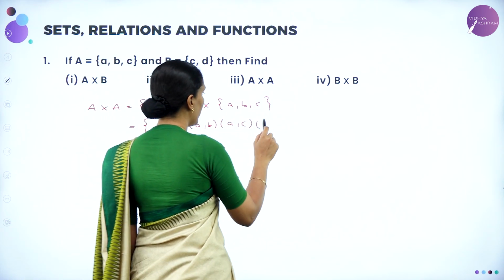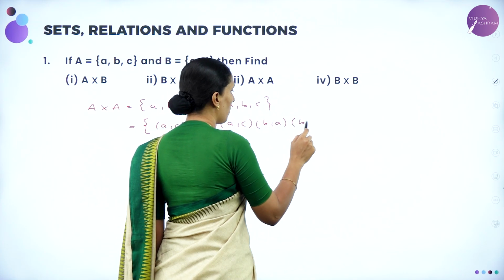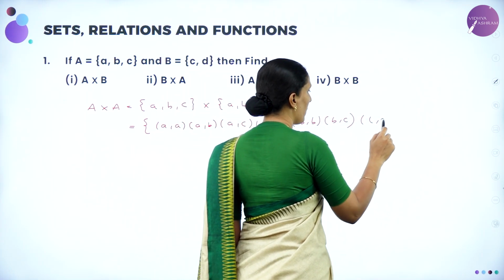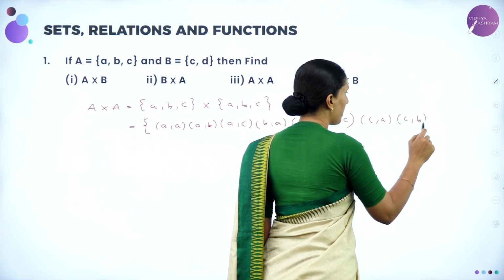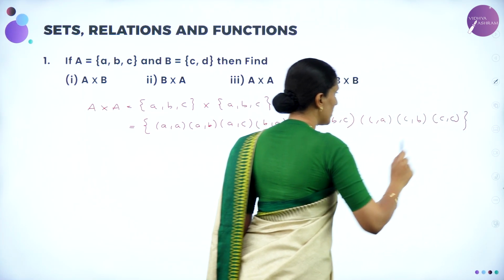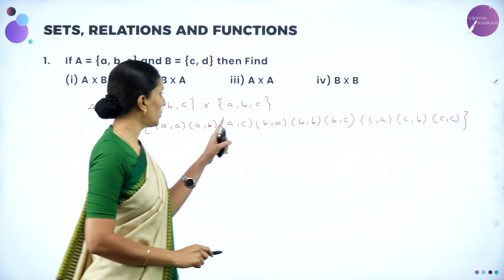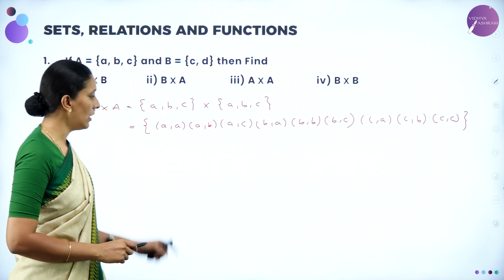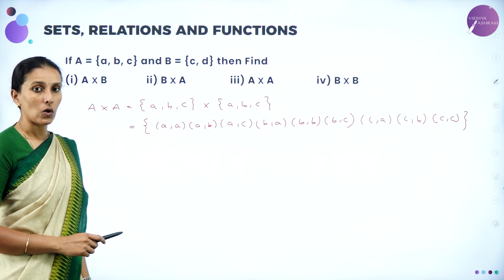Next pair with b: (b, a), (b, b), (b, c). Next pair with c: (c, a), (c, b), (c, c). So clearly you can see 1, 2, 3, 4, 5, 6, 7, 8, 9. There are 9 elements in the Cartesian product A cross A.